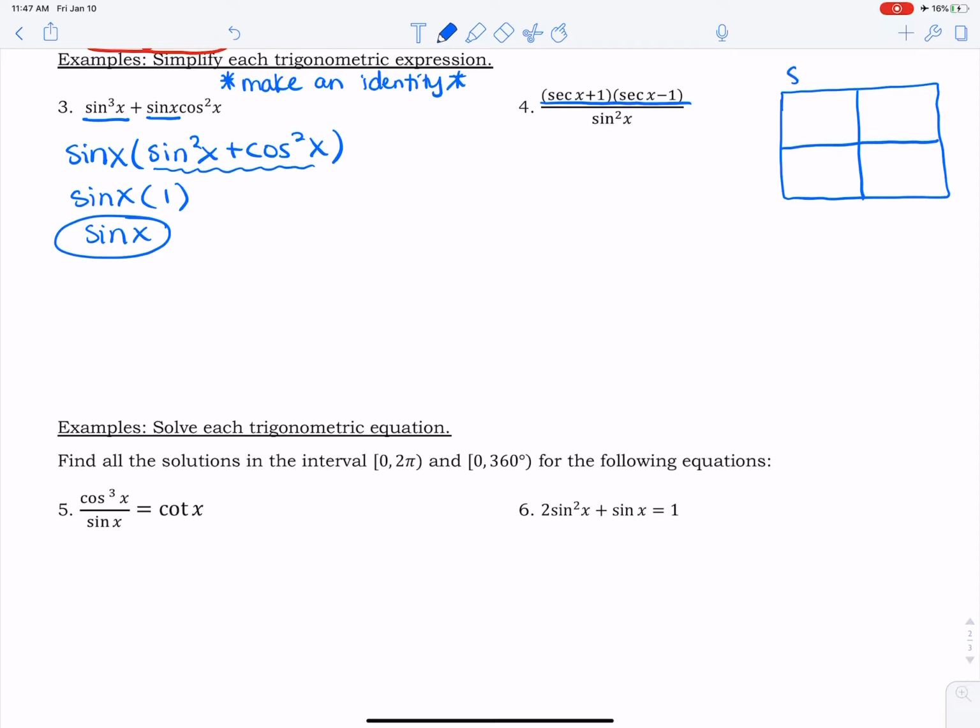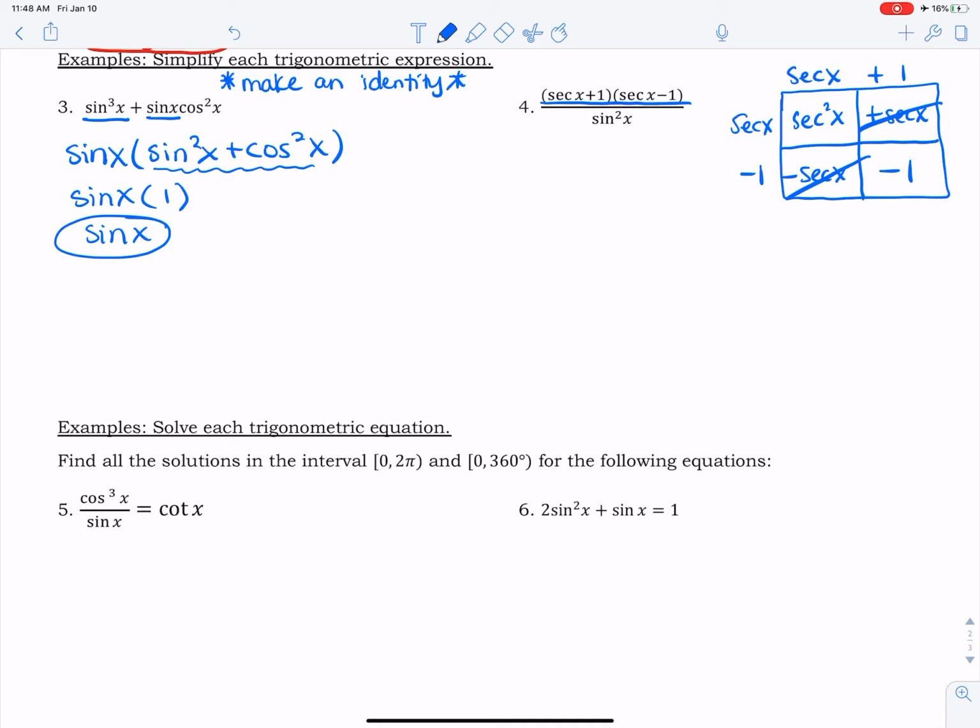So secant x plus 1 on the top, secant x minus 1 on the side, and multiply: secant squared x, and this is going to be plus secant x. This will be minus secant x, and that's minus 1. These two go away because they're the same but different signs, so they cancel each other out.